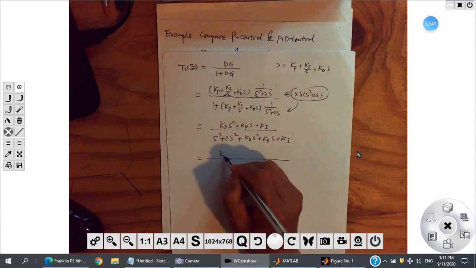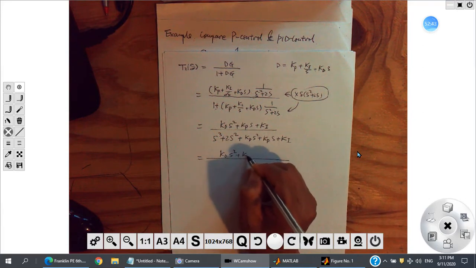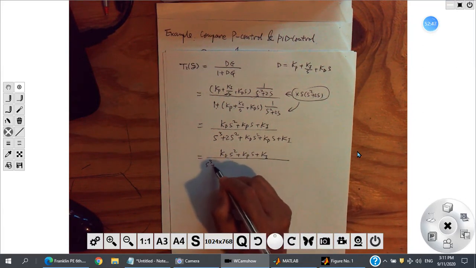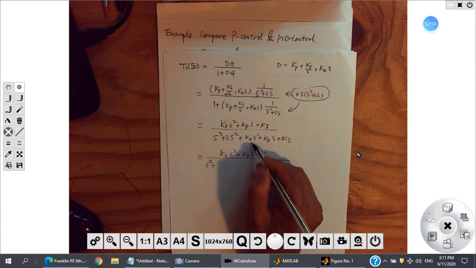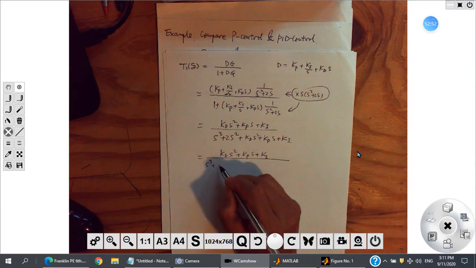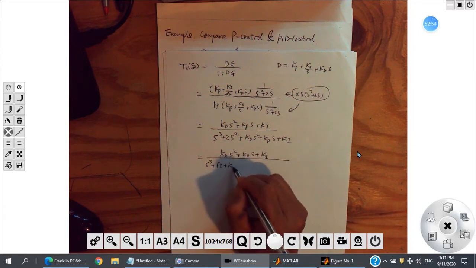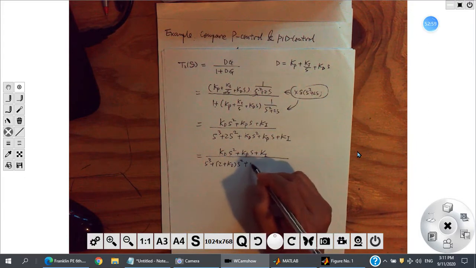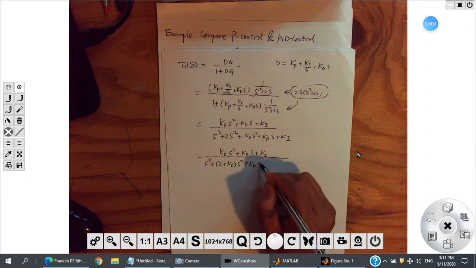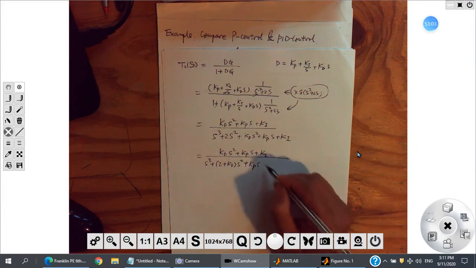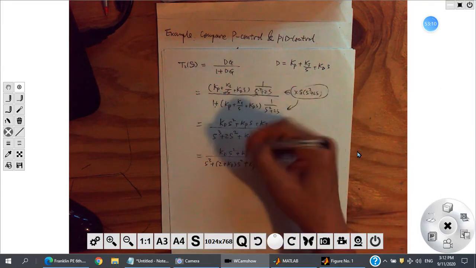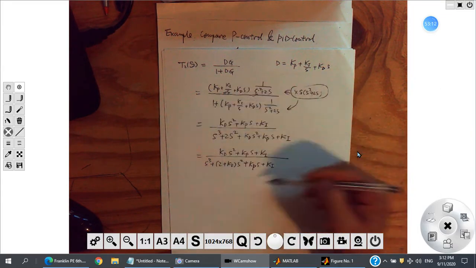It's kd s squared plus kp s plus ki, and s cubed plus, now I have 2 terms with s squared. I put them together, that will be 2 plus kd times s squared, and then the linear term kp times s, and ki. Okay, the overall transfer function with the PID controller looks like this.